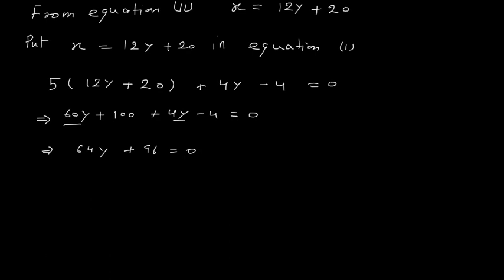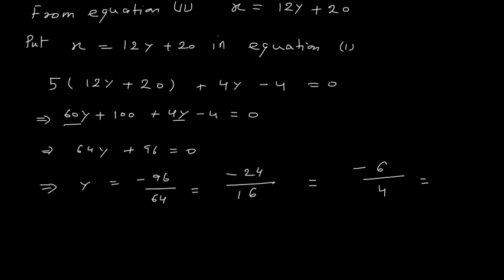Therefore the value of y is minus 96 divided by 64. So with 4 we cancel: 4 8s are 32... 4 6s are 24, then again with 2, so it is minus 3 upon 2. So the value of y is minus 3 upon 2.